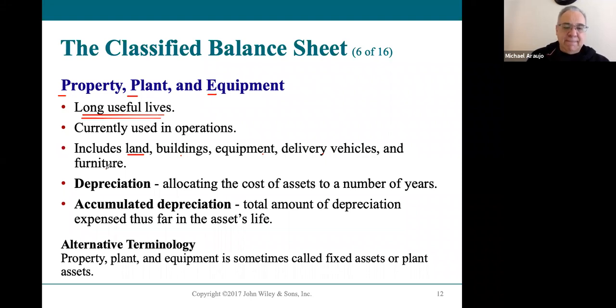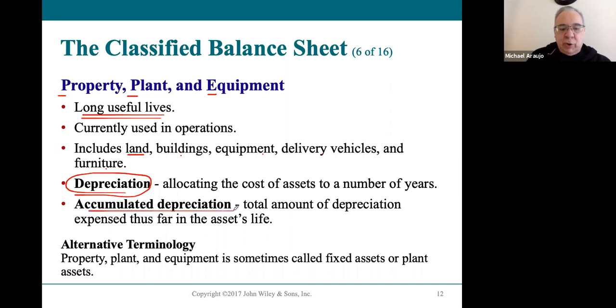Okay. And because things like buildings and equipment and vehicles and furniture have a useful life, they are subject to depreciation. Depreciation is a way of expensing the portion of the asset we've used that period of time. Okay.